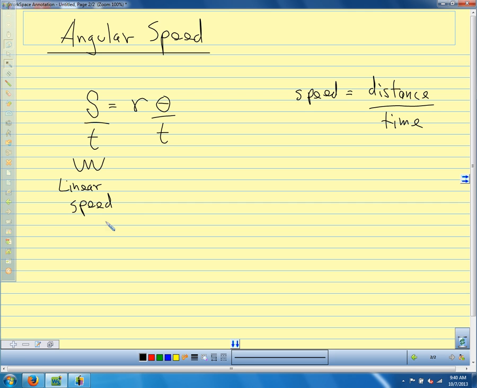In the book they call it linear velocity. I'm saying speed because it's slightly more accurate; velocity has to do with the direction also. So this is our linear speed. We call theta divided by time the angular speed or angular velocity.